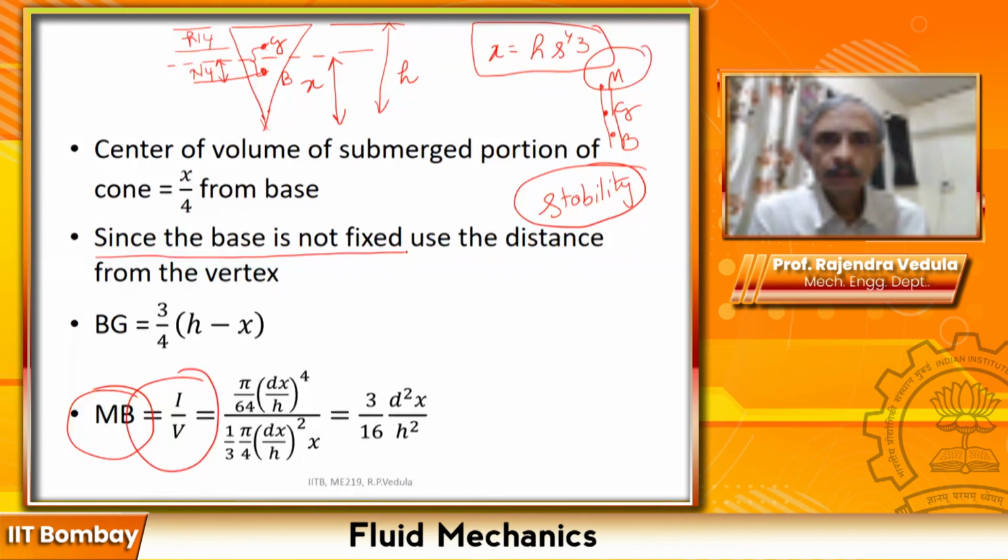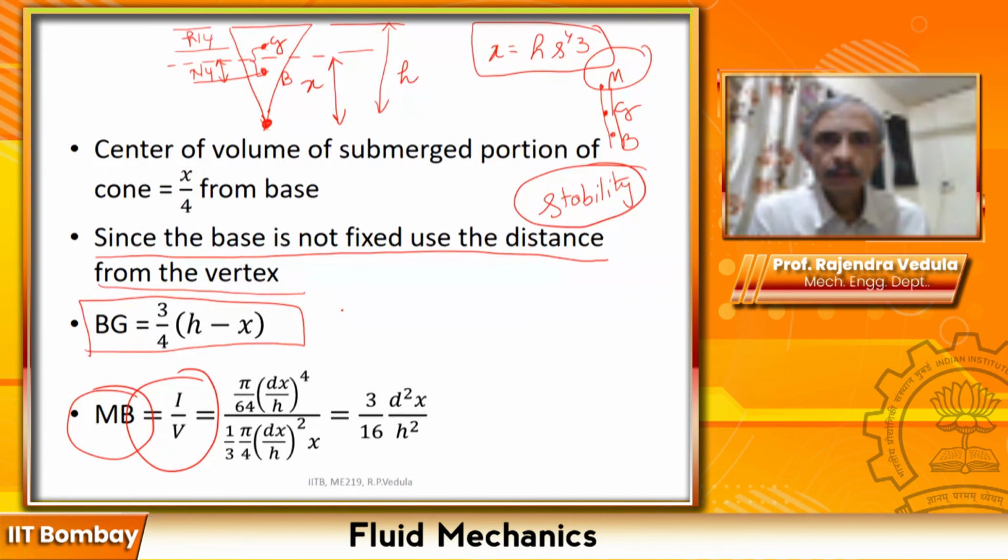The base is not fixed, but the vertex is fixed. Of course, some of you may think of it as 3/4 height from the vertex. That's perfectly fine. So the BG becomes equal to 3/4 h minus x. This is fairly straightforward.